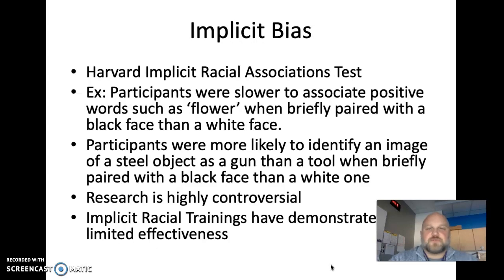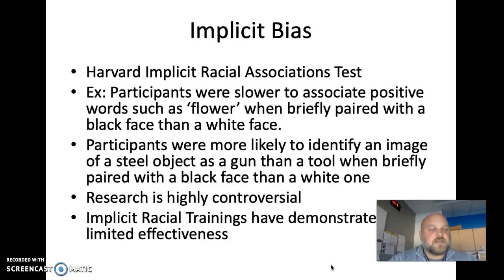This is kind of a controversial topic, but it does get talked about in the book, so I'll at least mention it. This idea of implicit bias. If you remember from earlier in the year, we talked about implicit memory and explicit memory, so implicit is kind of a synonym for unconscious. Do people have unconscious biases towards other groups?